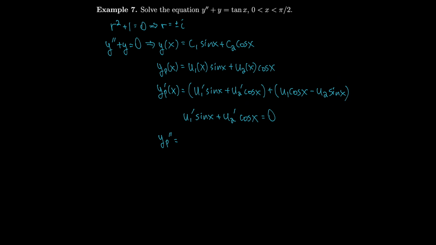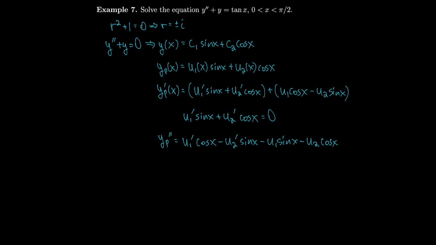So again, we have to use the product rule twice, but at least we don't have to do it 4 times. So we get u1 prime times cosine minus u2 prime times sine minus u1 times sine minus u2 times cosine. And all we did was differentiate this because we're setting this equal to 0.